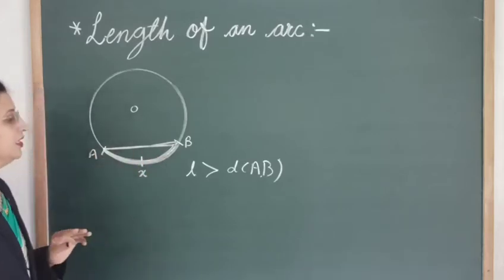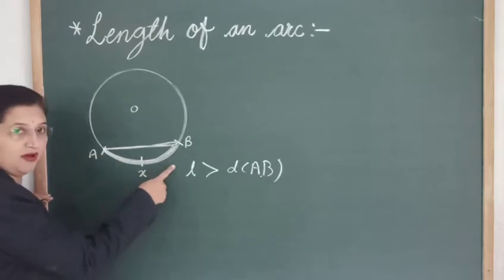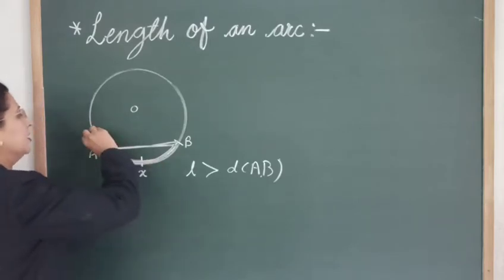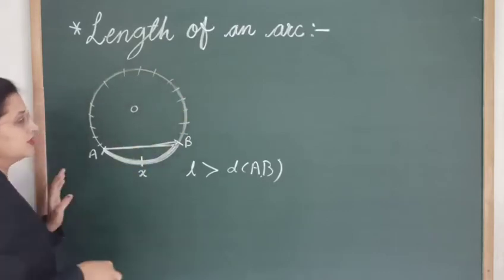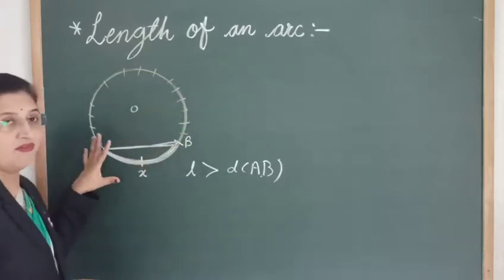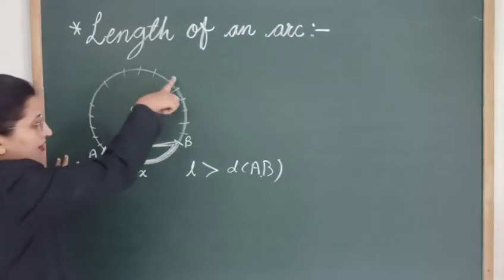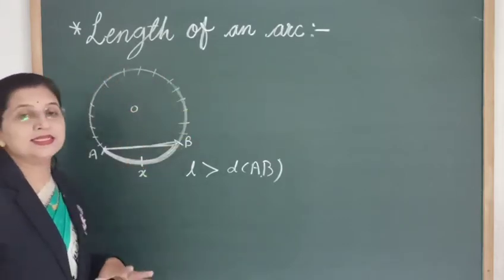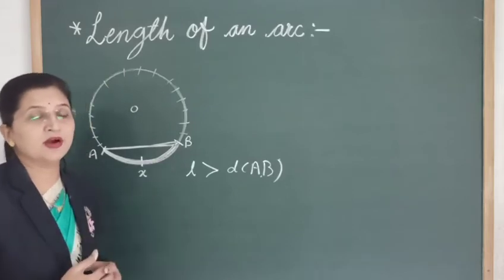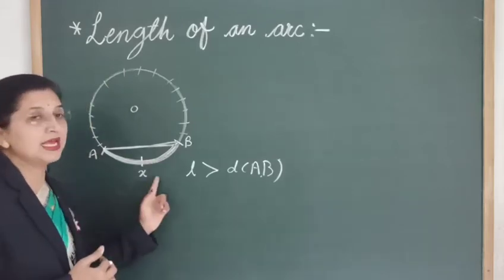In this way, this is the length of arc, and this is also the length of arc. Dear students, you can see this length of arc is a part of a circumference. So let's see the formula to find out the length of this arc.